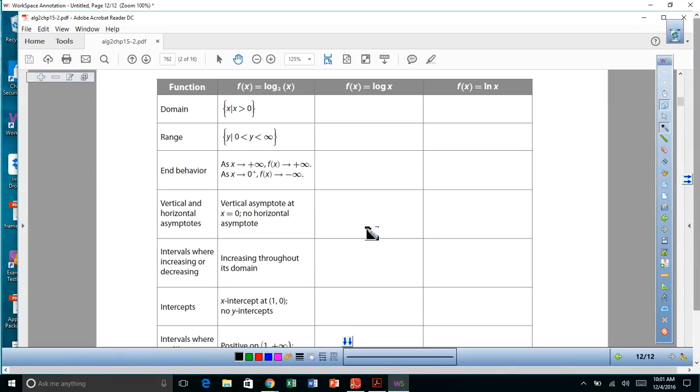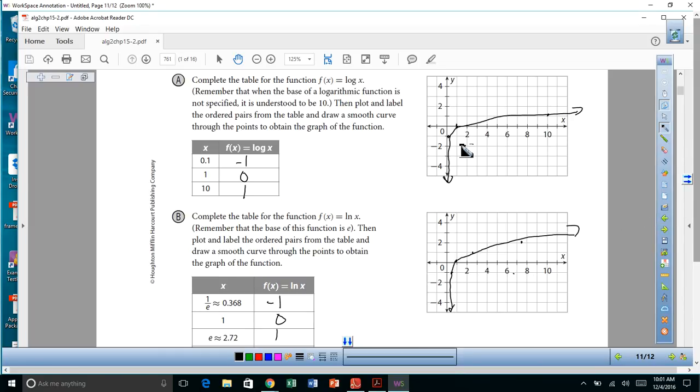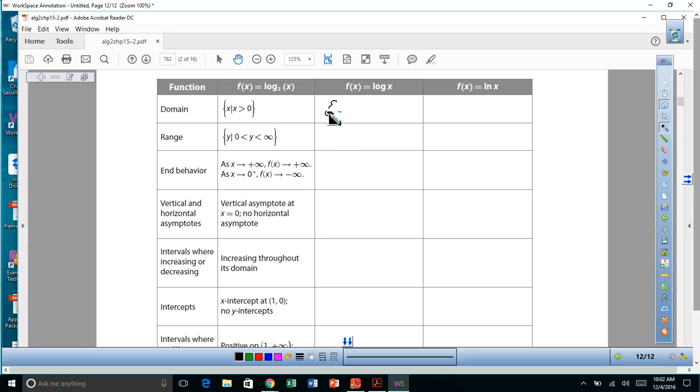Okay, domain. Well, let's look at the domain of log x. It starts just to the right of 0 and goes to the right. So that's going to give you x such that x is greater than 0.